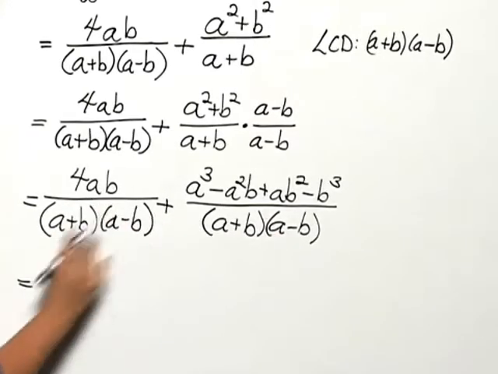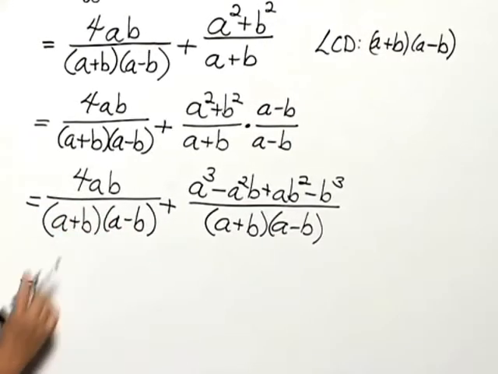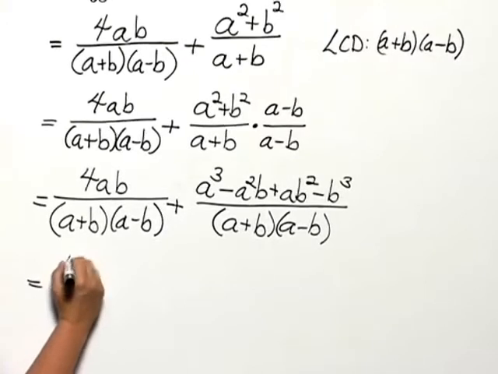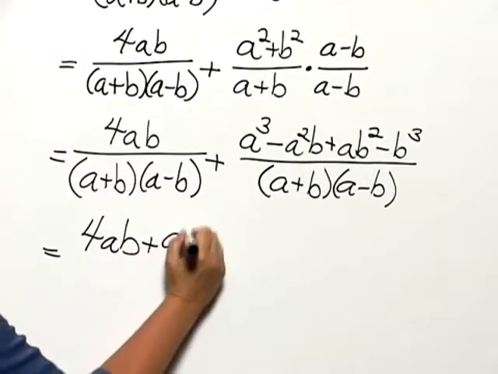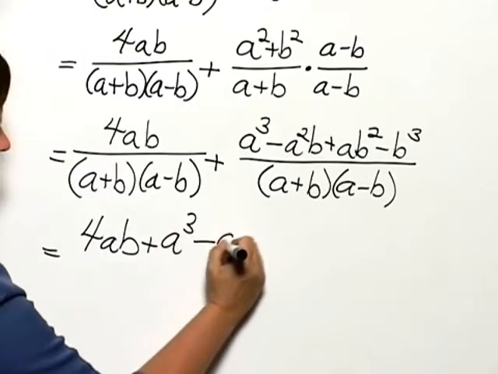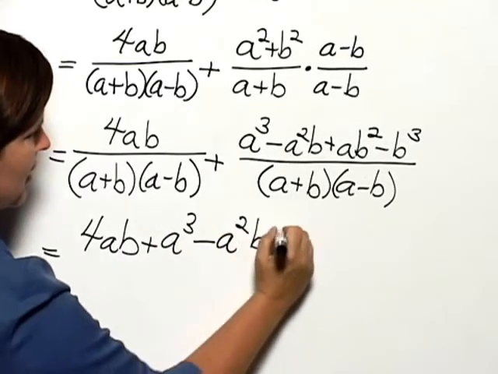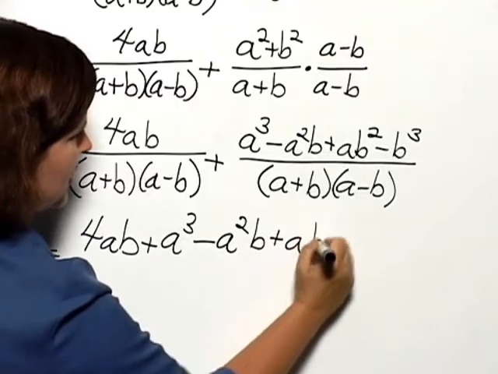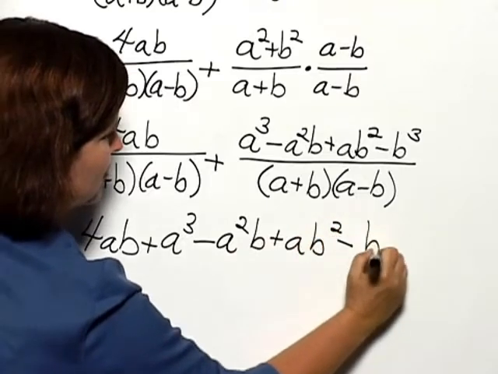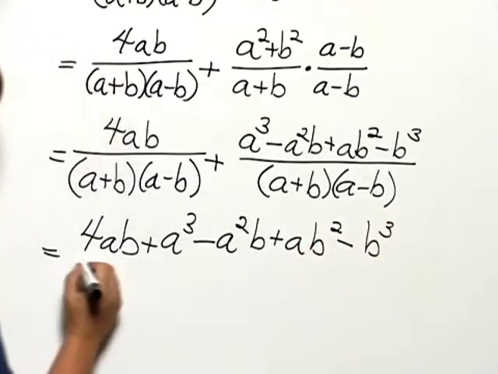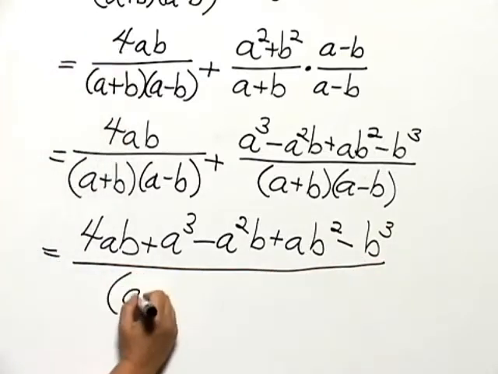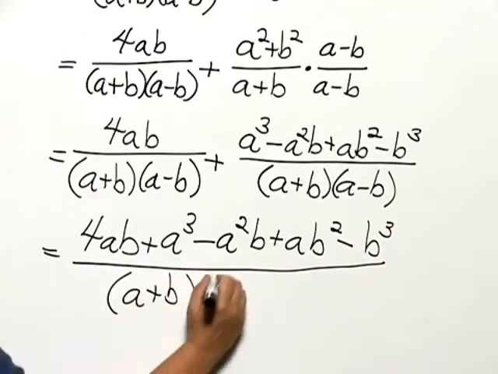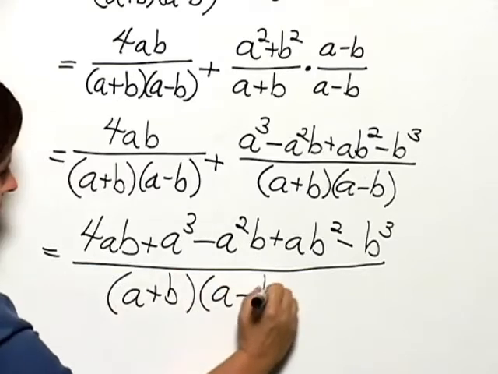None of those are like terms despite all the a's and b's in there, so I just have to write it all out. 4ab plus a cubed minus a squared b plus ab squared minus b cubed all over a plus b times a minus b.